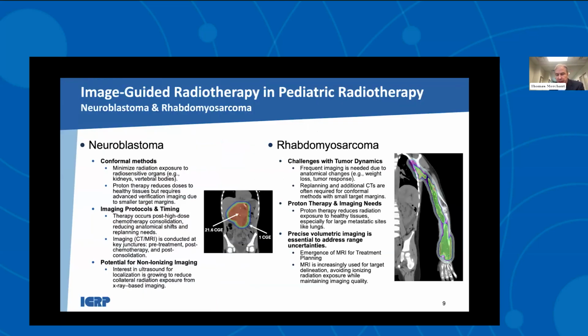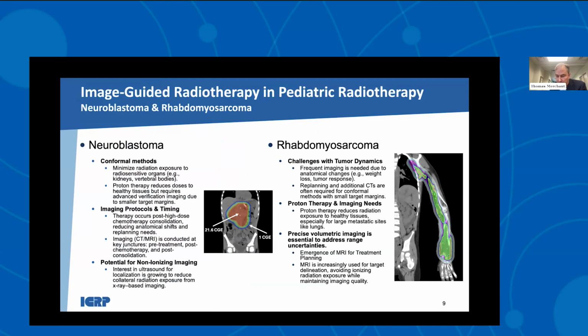In the publication, we highlighted the use of ionizing radiation therapy-based methods for evaluation and treatment of selected pediatric cancer patients to increase the awareness of utilization and exposures that might affect childhood cancer survivors. Neuroblastoma is the most common pediatric tumor. It often requires conformal methods to minimize dose to vertebral bodies and organs such as kidneys.